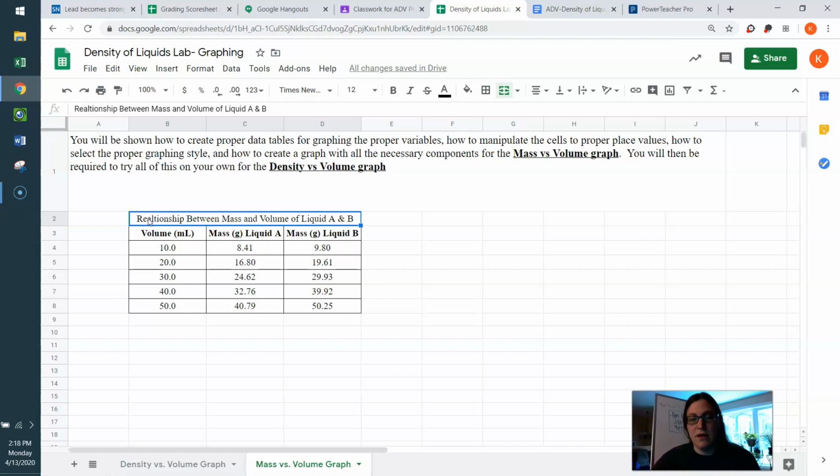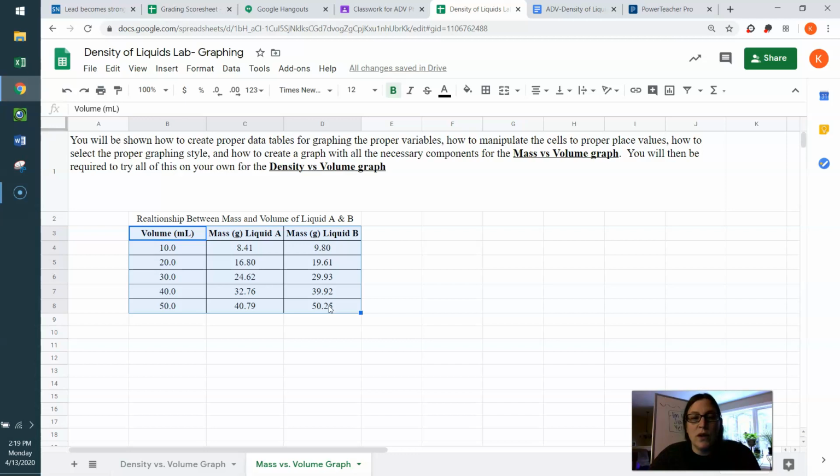That does not want to be part of our graphing information. I do, however, want to include the section headings that I'm going to be using to graph so that the function knows what each of these variables are. So I'm going to select all the way across and down. So just my section headings of the data table and all the data below it are highlighted now.